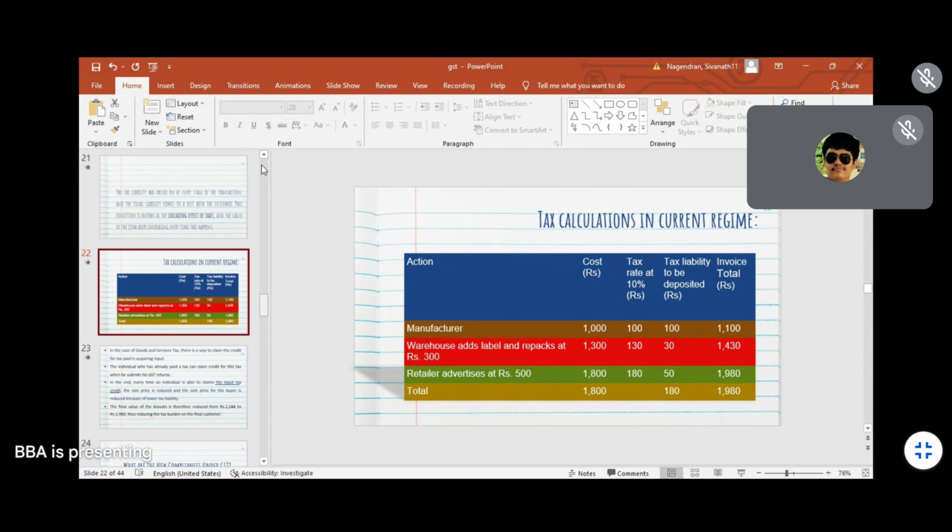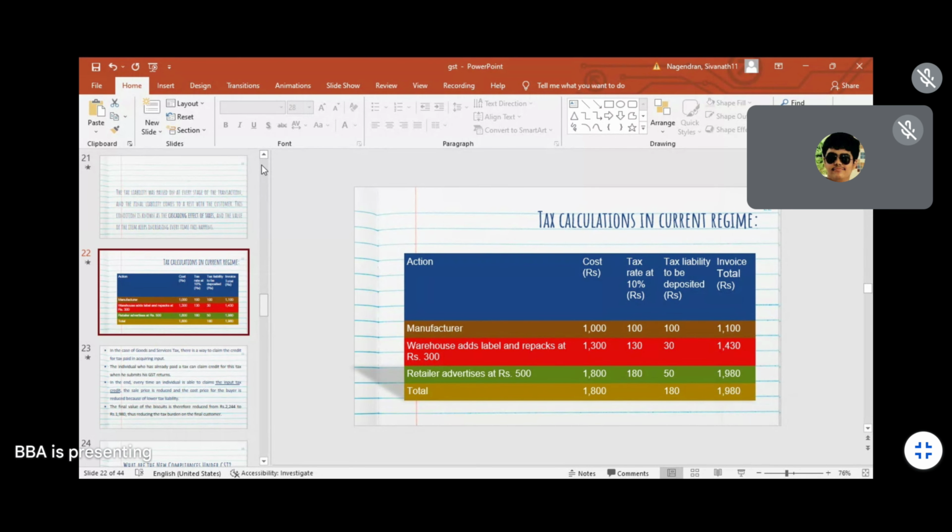Yes, ma'am. So again from 1300 the 10% has been calculated. From which amount is the 10% calculated? Any idea, ma'am? 300.